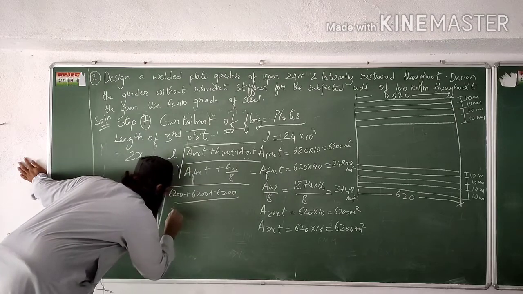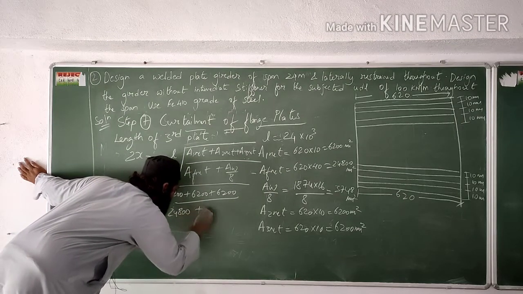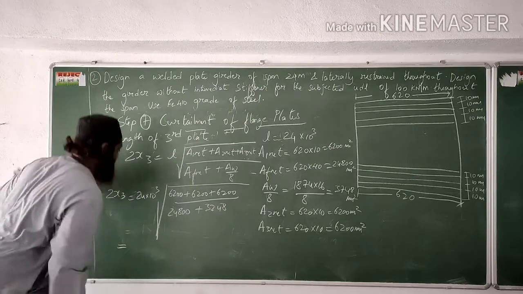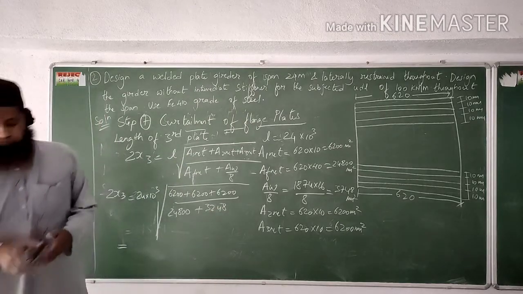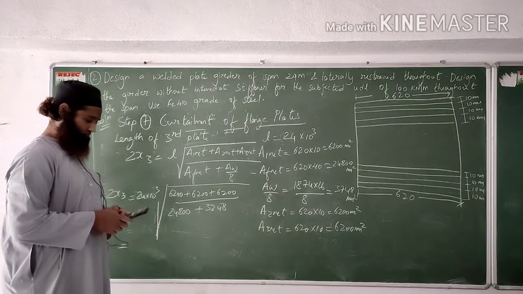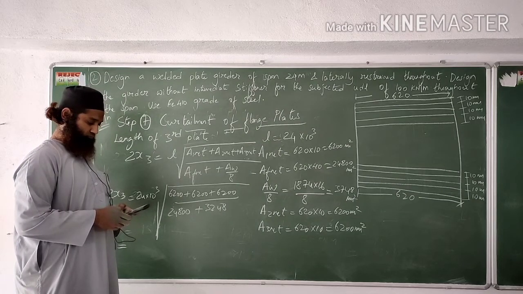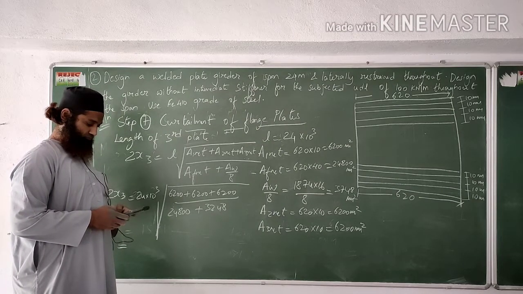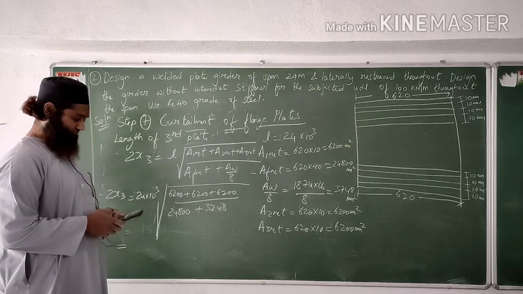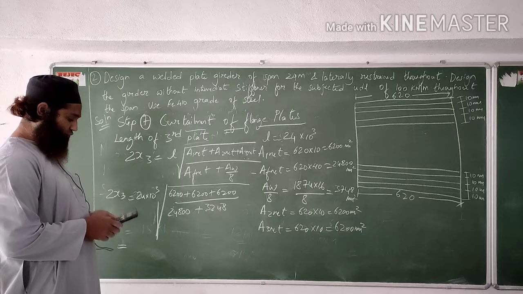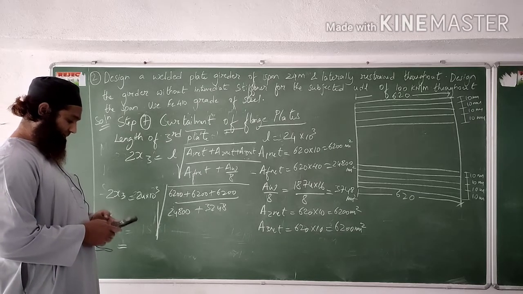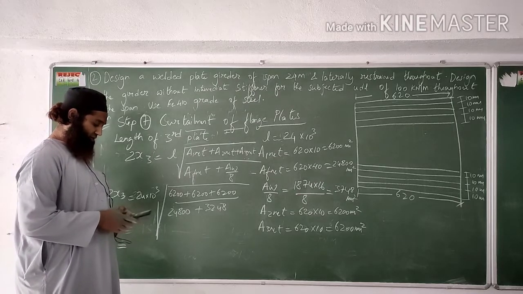AF net is 24800 plus 3248. If you calculate this, 24800 plus 3248, root of answer into 24 into 10 cube.